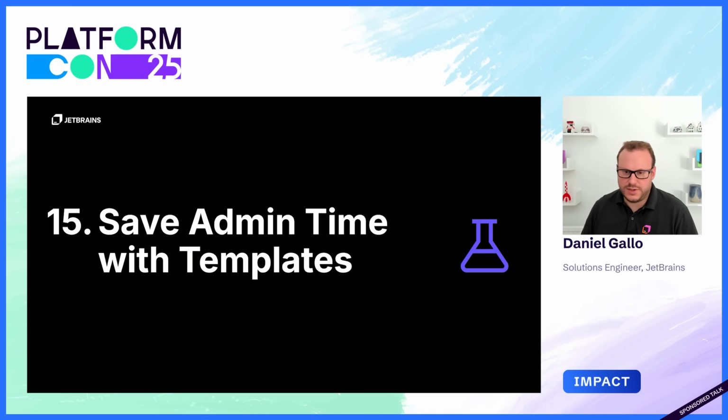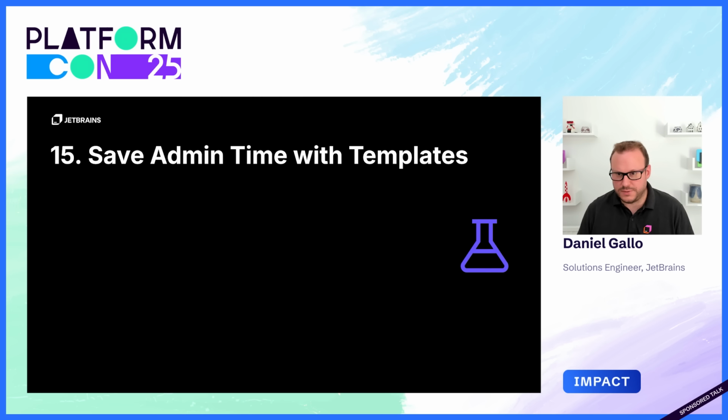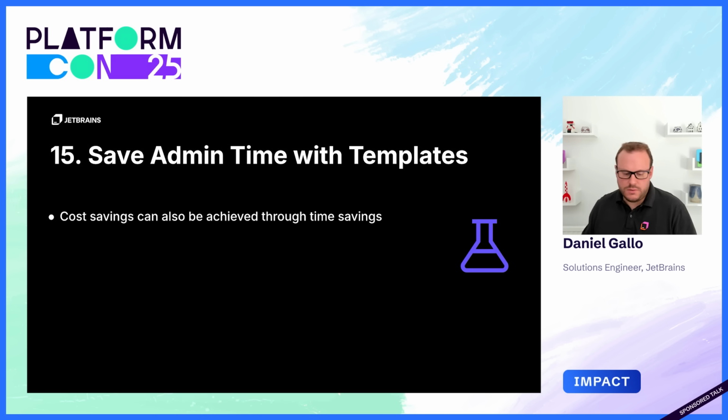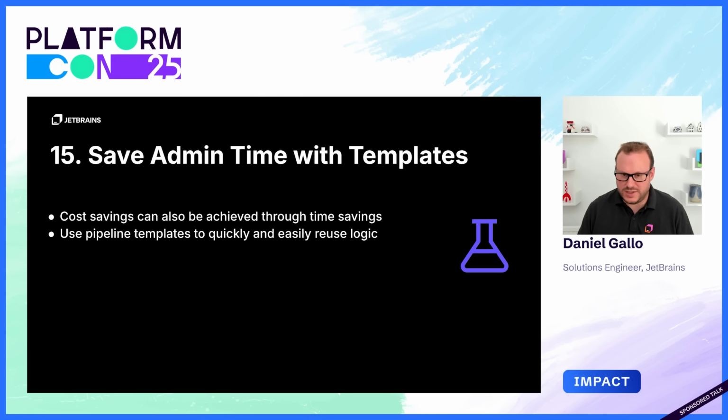And then last one on the list is number 15, saving admin time with templates. So cost savings can also be achieved through time savings. And in the example here, we mentioned things like pipeline templates. So by reusing build pipeline logic, you can cut down the amount of time it takes to administer or set up your build pipeline and reuse that logic.